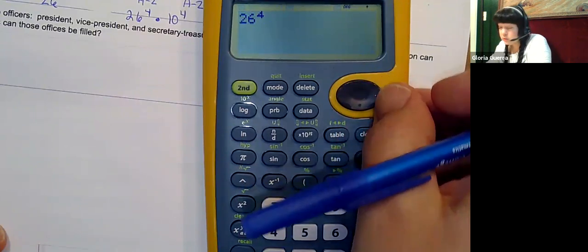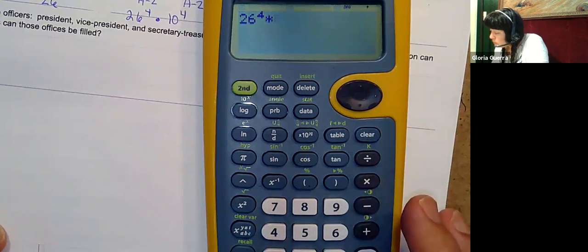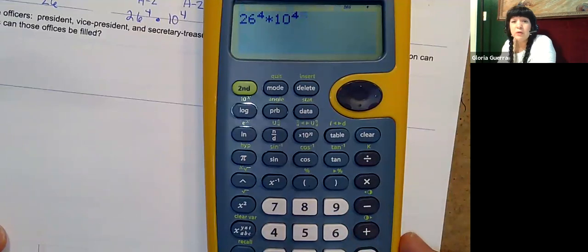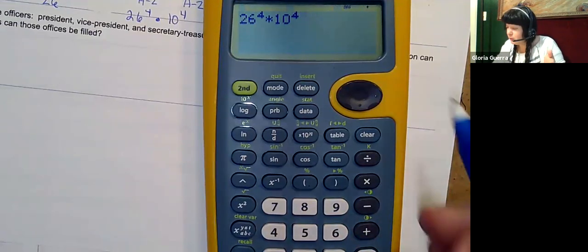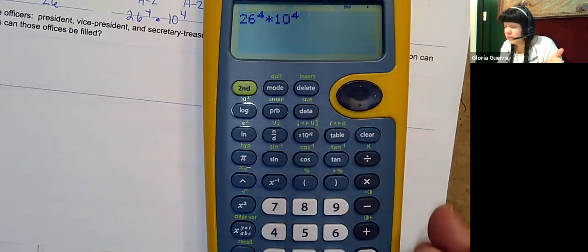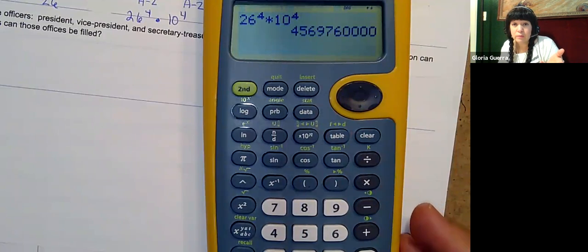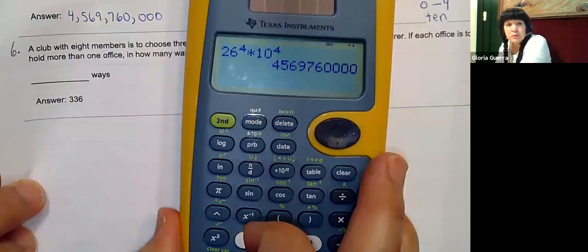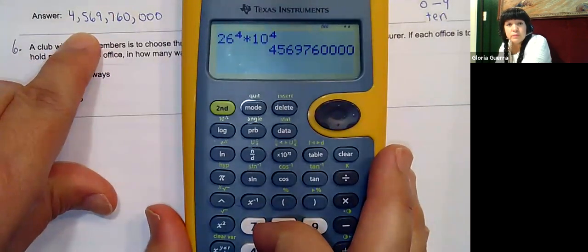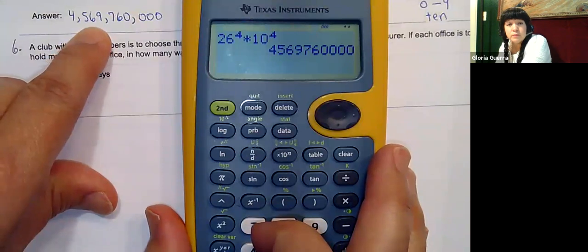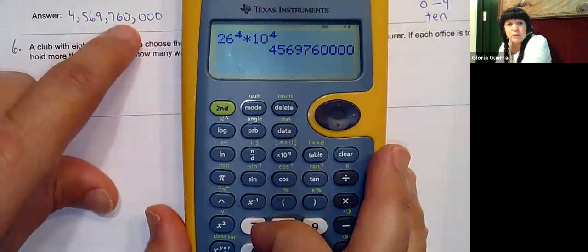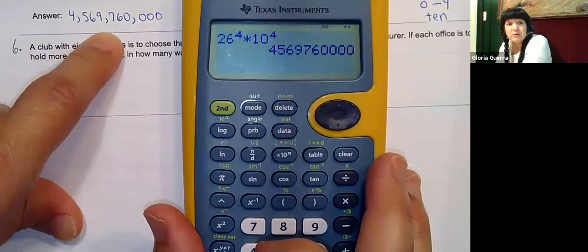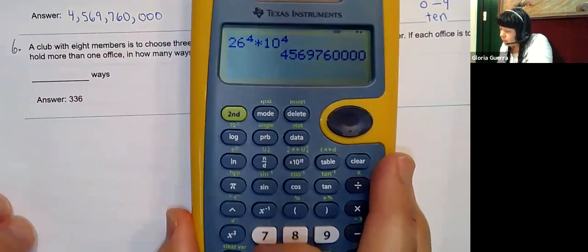Push that down, and then times 10 raised to the 4th power. Then I could hit enter, because I'm not typing anything else. It's okay if the cursor is floating up here. And this should match. Yes, it matches. So that's in the billions, 4,569,760,000.